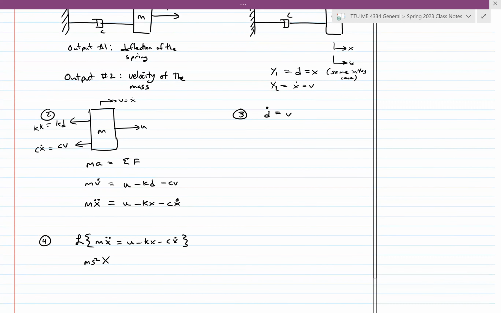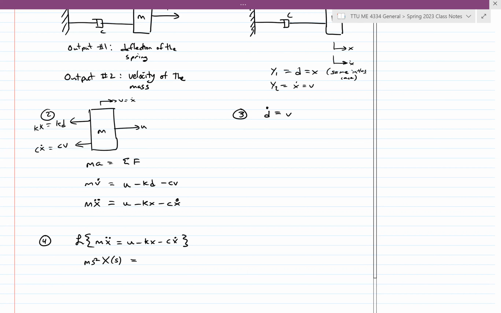M S squared, big X of S. Okay, let's stick with what we have here, but you're getting ahead, which is good. Assuming 0 initial conditions. Typically, we're going to ignore them unless I say specifically not to. In the real world, you should always be paying attention to your initial conditions, though.